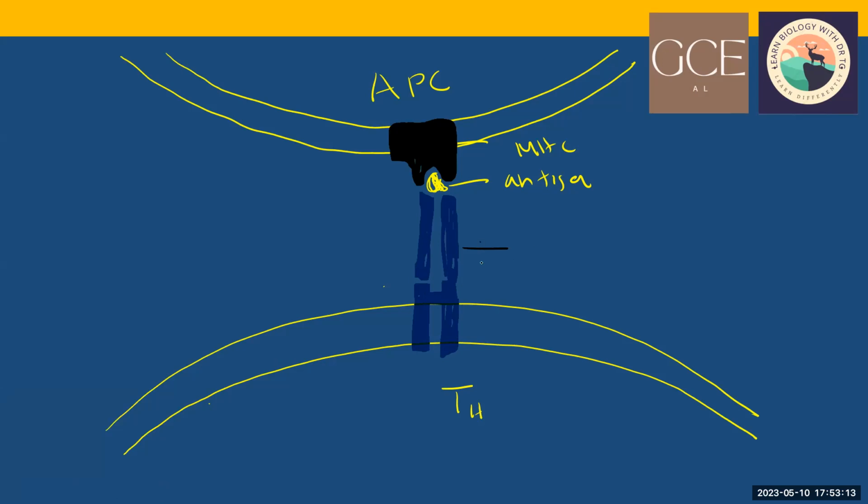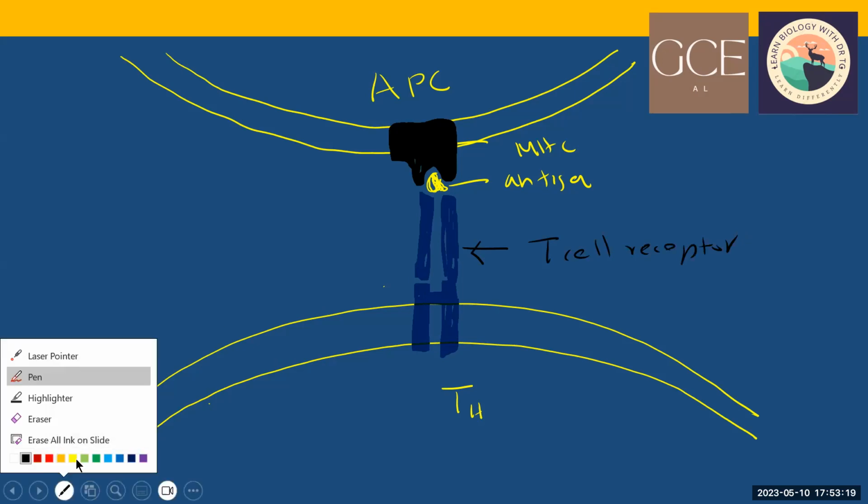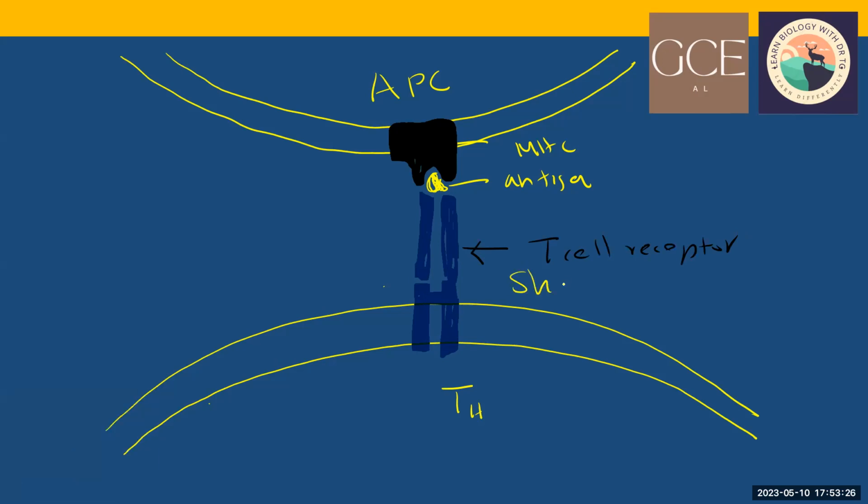So this is a T cell receptor. I would like to make a clear point in this case. The T cell receptor is H shape. So it can bind to the antigen and MHC complex.